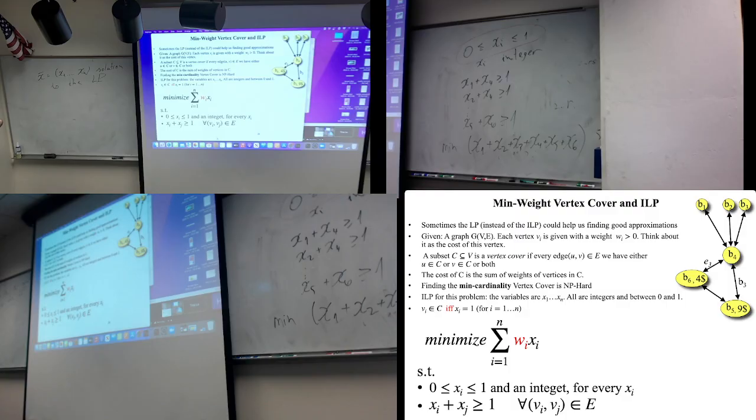I remove the integers and it suddenly runs fast. And now I'll define a vector Y, Y1 through Yn, where Yi equals 1 if xi is larger than or equal to half, and it equals 0 if xi is smaller than half.